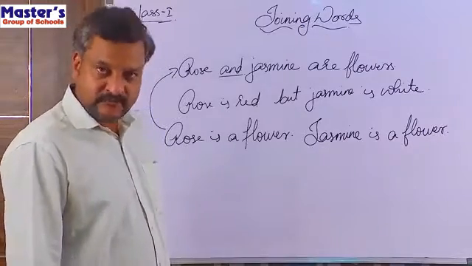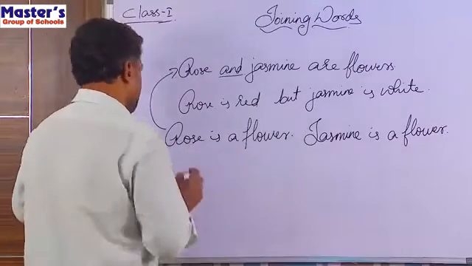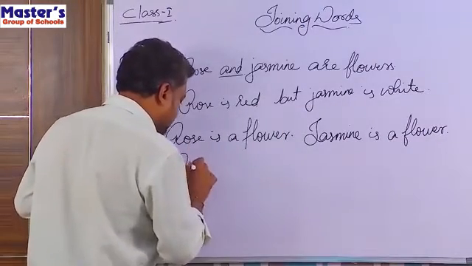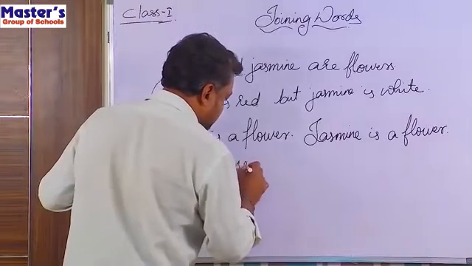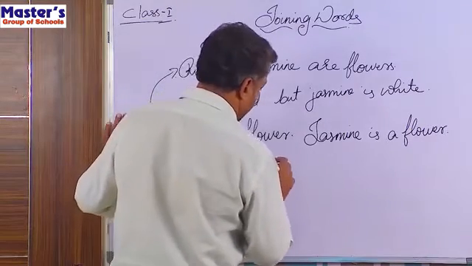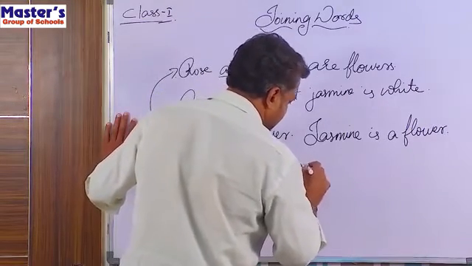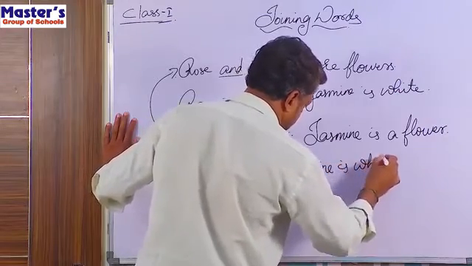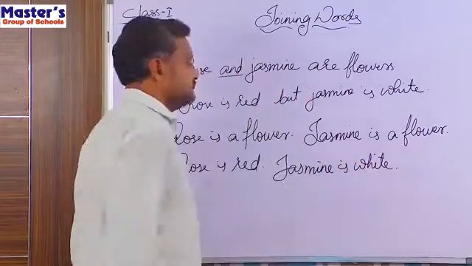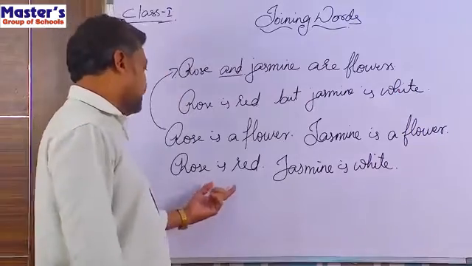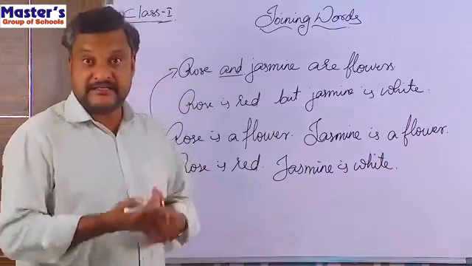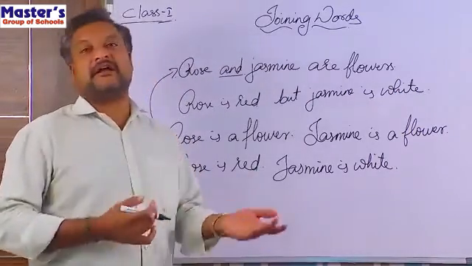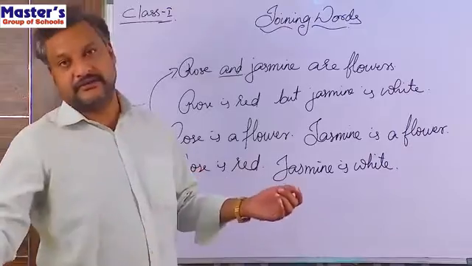Now we have another sentence which says Rose is red, Jasmine is white. So here they are dealing with the different ideas, isn't it? Or opposite ideas. One is one way, other is other way.